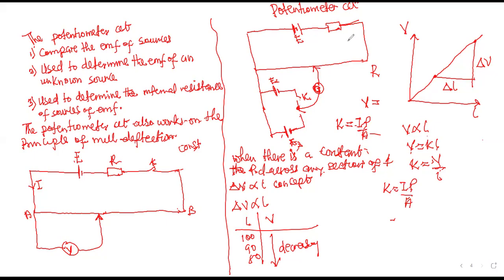So they can use this even as a sub question, knowing that the slope of this graph is equal to the potential gradient. They can ask that S is equal to I rho over A, and when you are given certain parameters, you are asked to find maybe rho, I or A, depending on what information is given. Do you understand it?